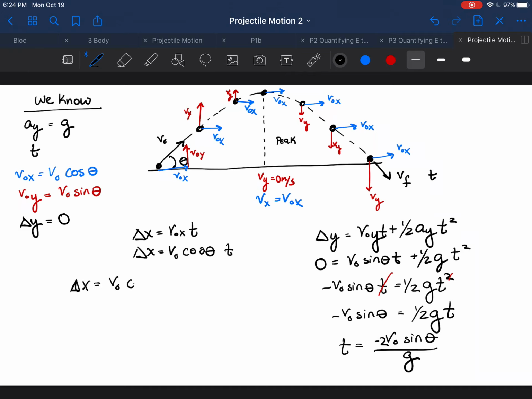And I can take that and plug that back in. So now I can say, well, delta x equals v0 cosine theta times, now my value for t, which is negative 2 v0 sine theta over g.